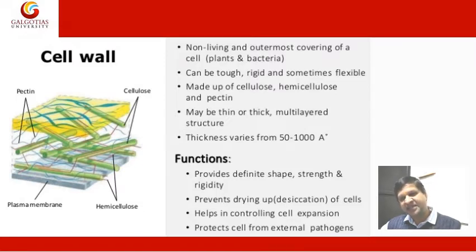It may be a thin or thick, multi-layer structure. Thickness varies from 50 to 1000. Function of the cell wall: it provides definite shape, strength and rigidity, prevents drying up, desiccation of cells, helps in controlling cell expansion, and protects a cell from external pathogens.